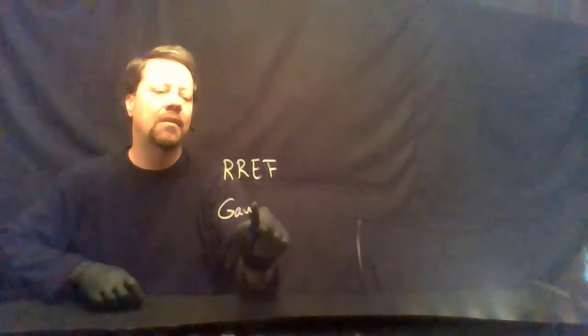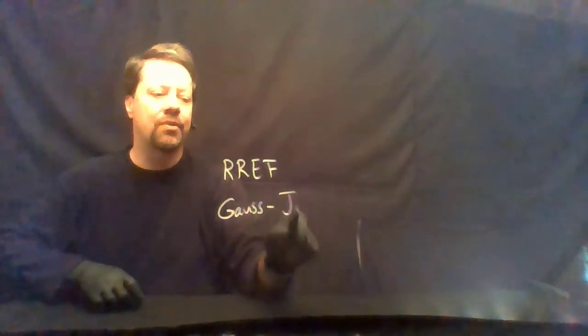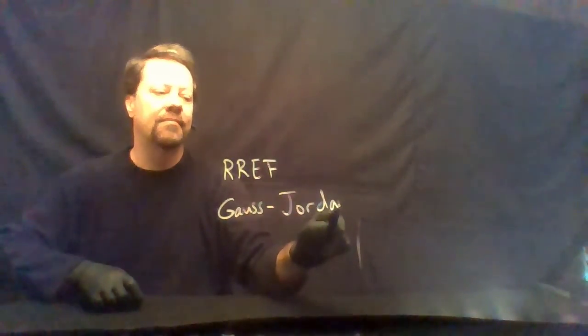Hopefully you didn't learn anything really new today. Going to row echelon form and back substituting gives you a method called Gaussian Elimination. Going all the way to reduced row echelon form gives you Gauss-Jordan elimination.